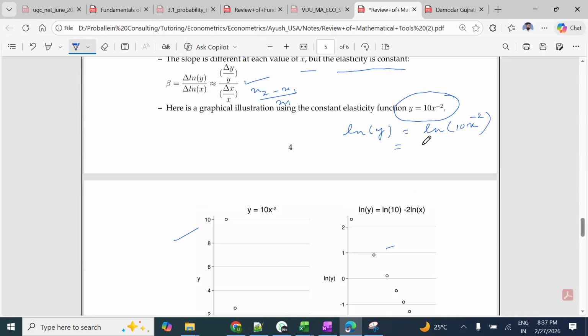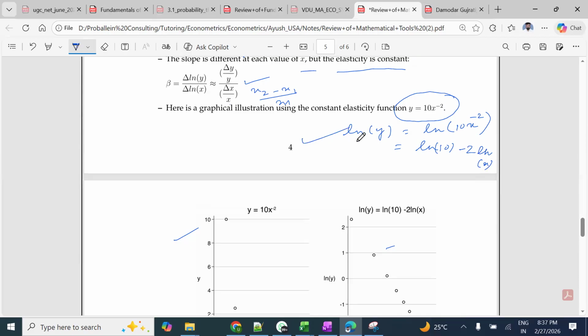So it will be ln 10 minus 2 times ln x. Sangeeta, is it clear? Yes, sir.